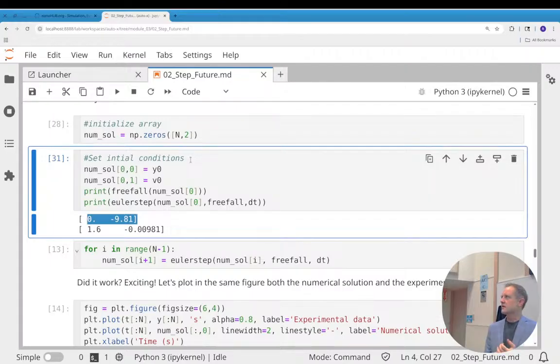Do you remember the Euler steps from homework one and project one? What was an Euler step?